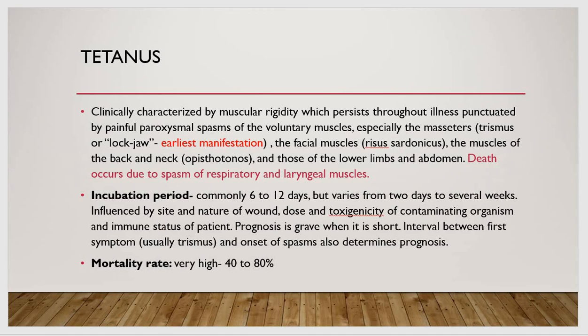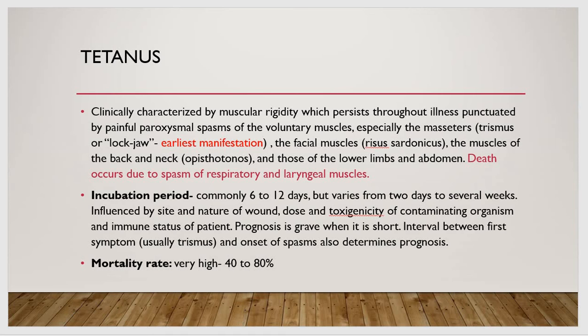Then it also depends on the immune status of the patient. If the immunity is good, the prognosis would be good. If not, then accordingly. Then prognosis is grave when the incubation period is short. So prognosis is greatly determined by the incubation period.